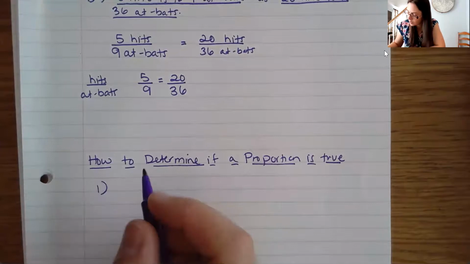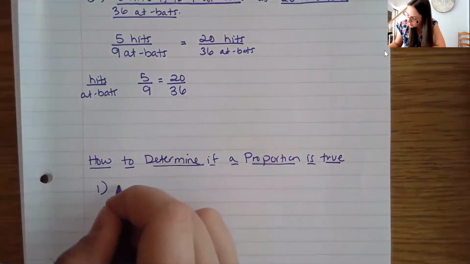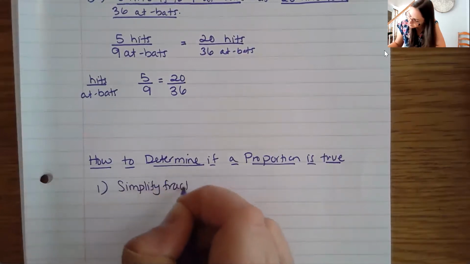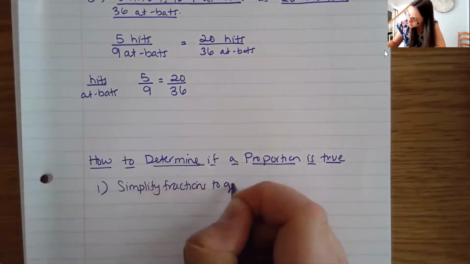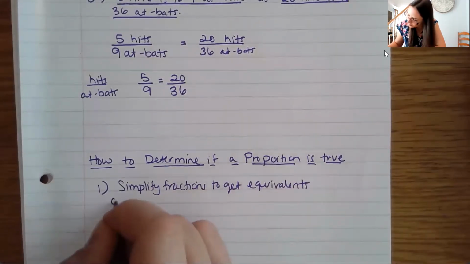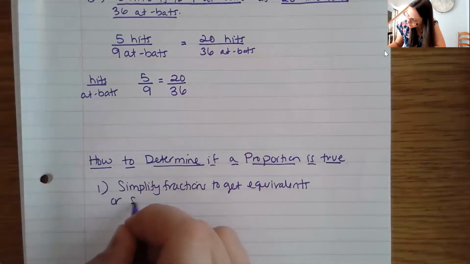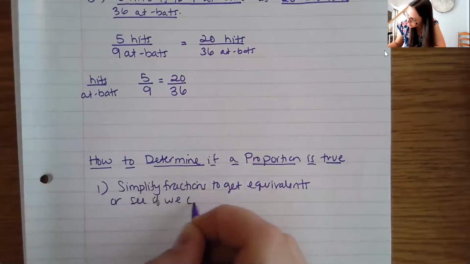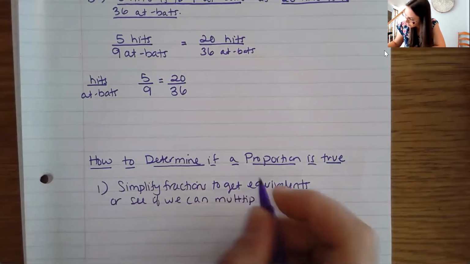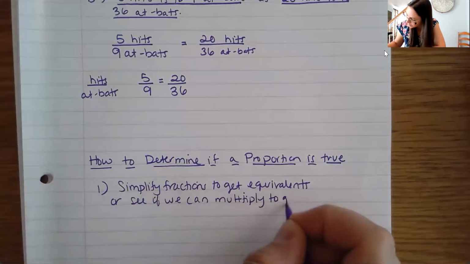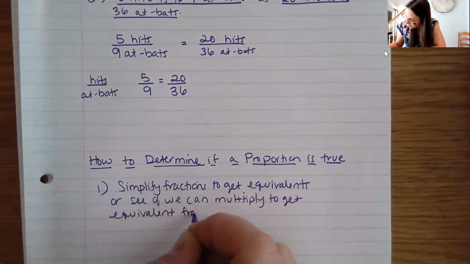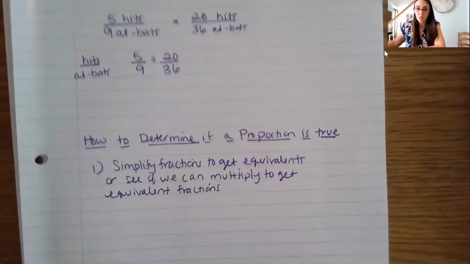One way is you could either simplify fractions to get equivalent fractions, or see if we can multiply to get equivalent fractions. And we did this actually in the first 2 examples.